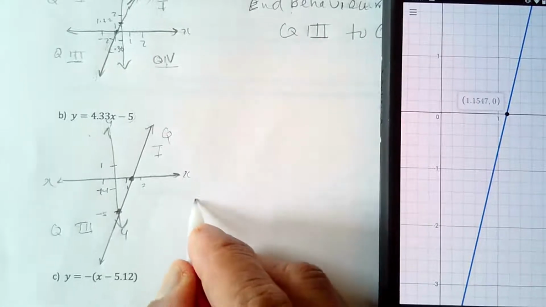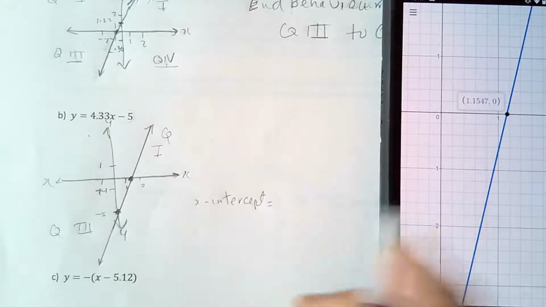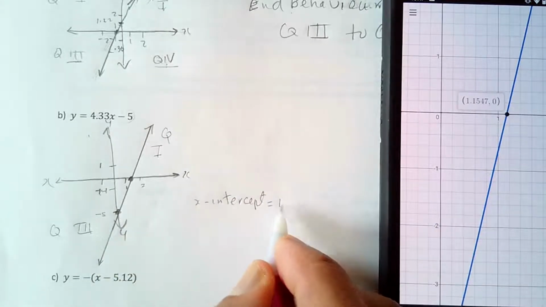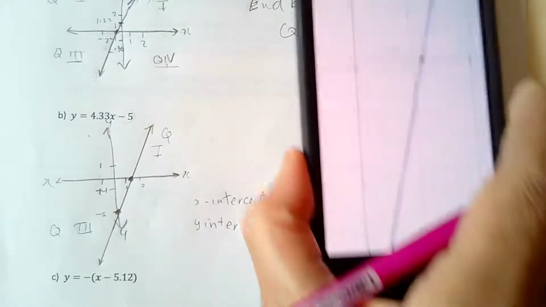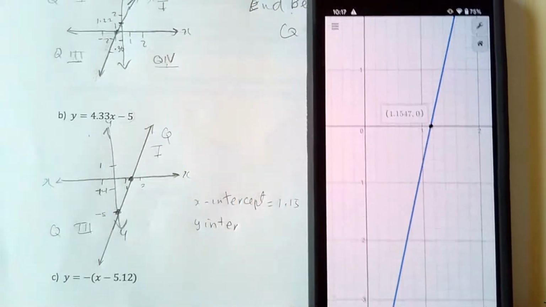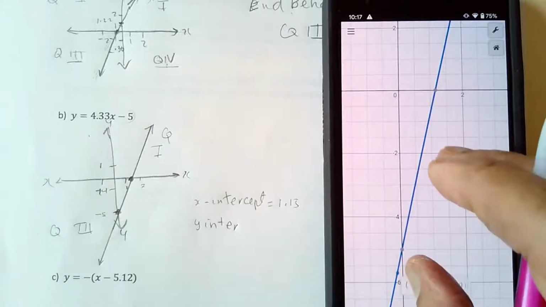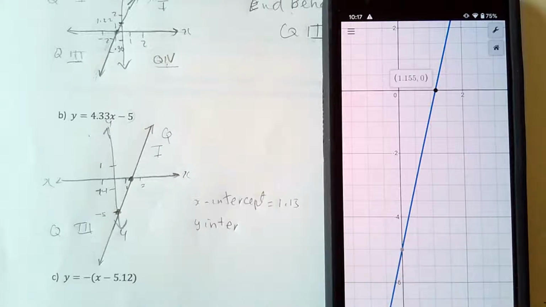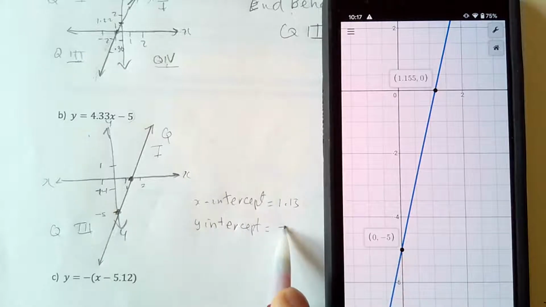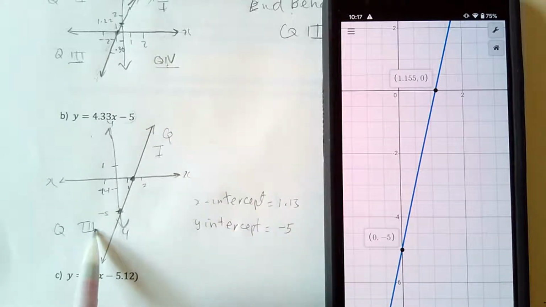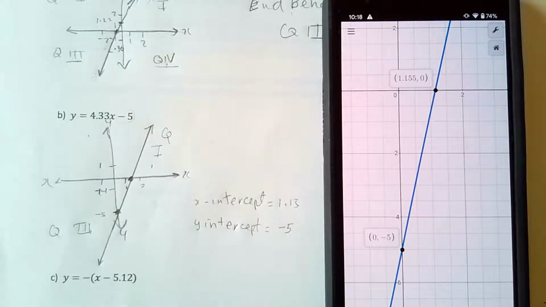So my intercepts: my x-intercept equals 1.15, and the y-intercept is equal to negative 5. And it's going from quadrant 3 to quadrant 1.